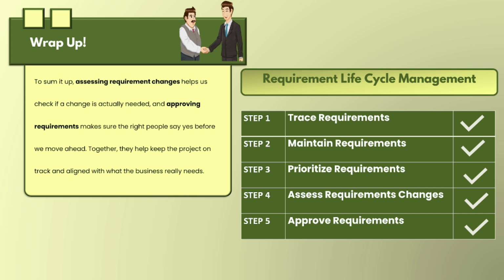The goal is to ensure the requirements always match what the business needs, are technically possible, and comply with any regulations. Regular check-ins with stakeholders and a solid change control process help keep everything under control and prevent scope creep from messing things up. In short, RLCM is about keeping things clear, prioritized, and aligned so the project can move forward smoothly from start to finish.